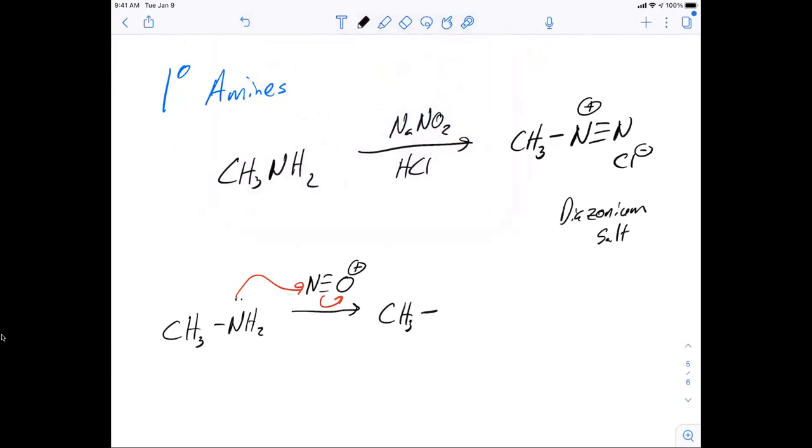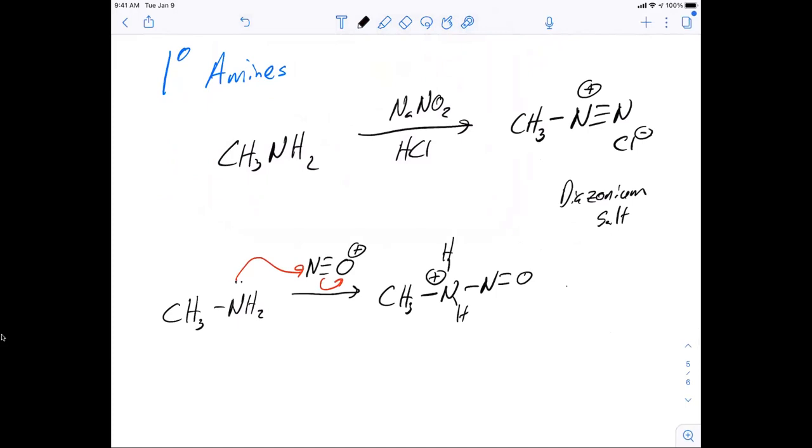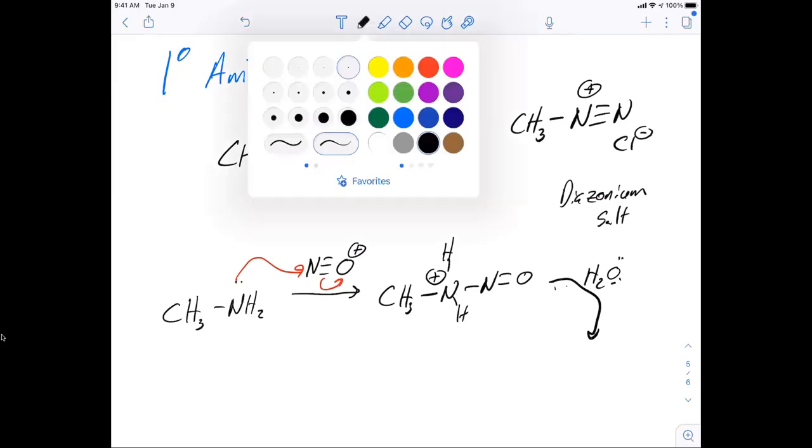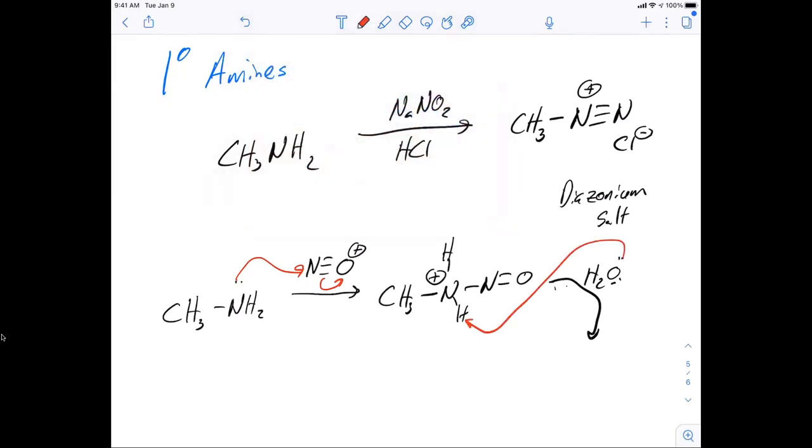We get the CH3, N, H, H. Then we get a proton transfer. So water picks up a proton.